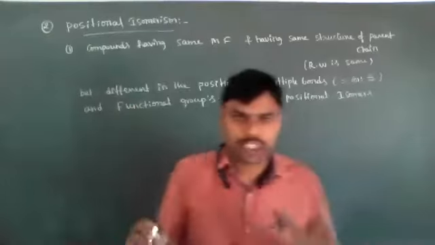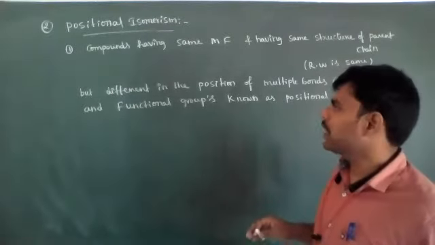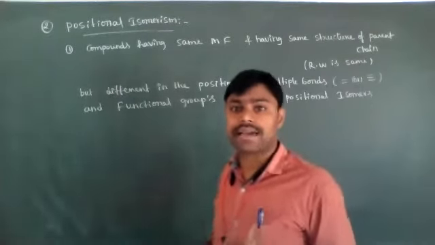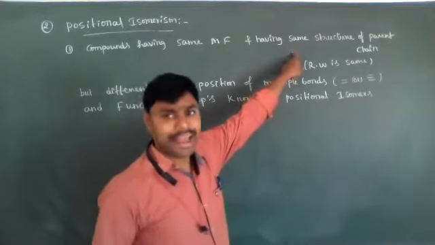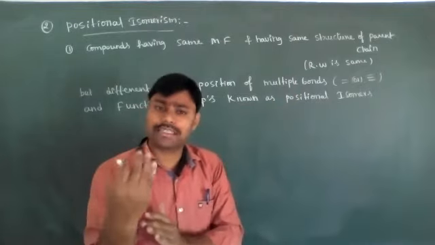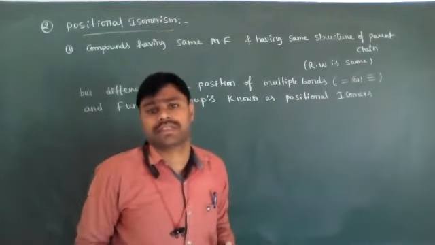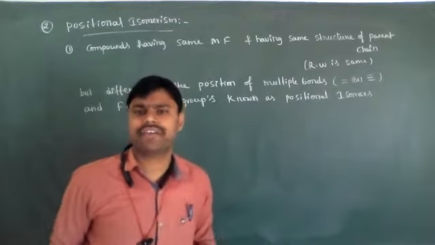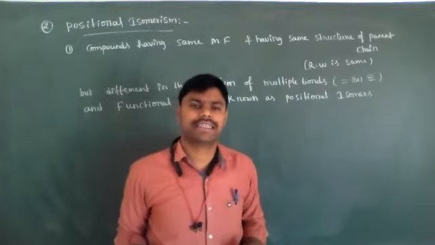What is positional isomerism? Positional isomerism means the compounds have the same molecular formula and the parent chain or root word is the same. If the parent chain or root word is different, those belong to chain isomers, which have a different parent chain or skeletal structure.